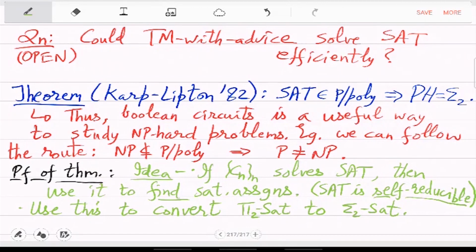Once you know that, you know how to fix x1, and then you can proceed to fix x2 and so on. So as soon as a circuit or an algorithm solves SAT, you can also find an assignment, and once you find an assignment, that will help you in converting for all there exists to there exists for all. Which will imply that PH is sigma 2, pi 2 as before, right? That's the idea. So let's see the implementation.